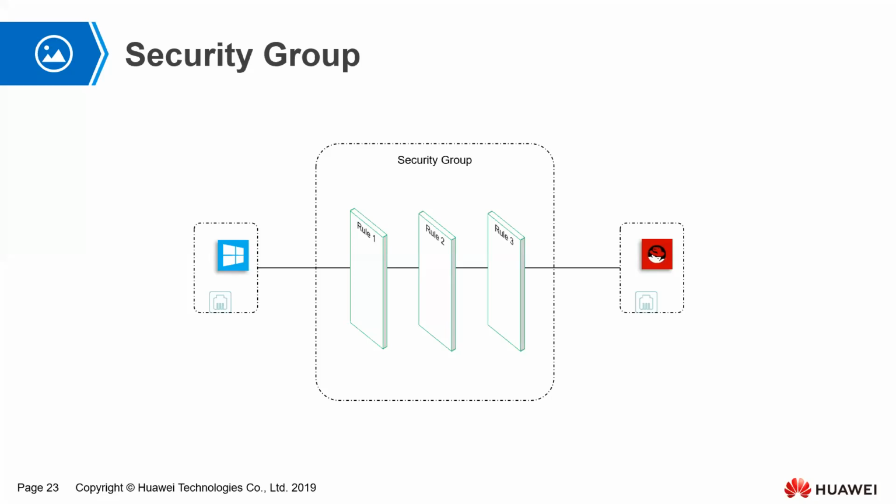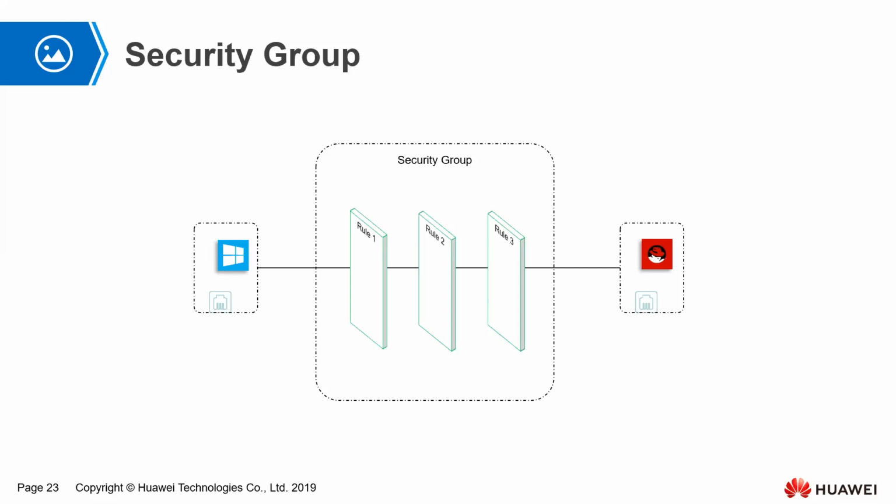Security group policies have similar functions to a firewall, the way a firewall sets rules and policies. They both use IP tables to filter packets for access control.